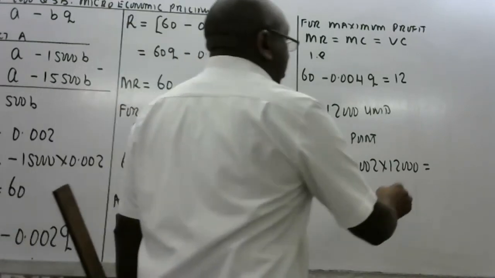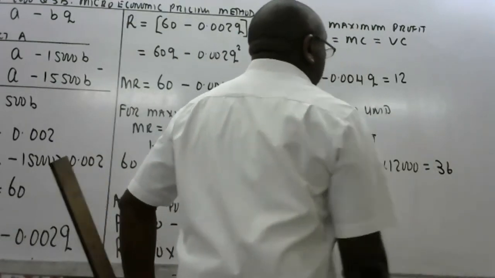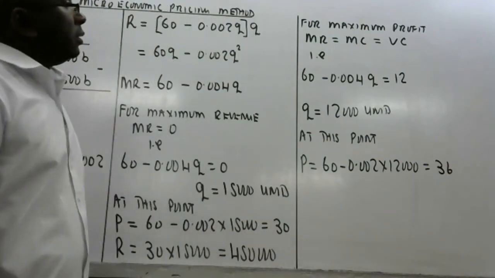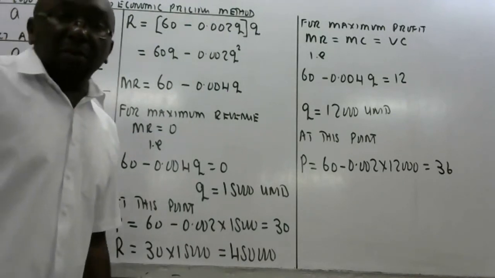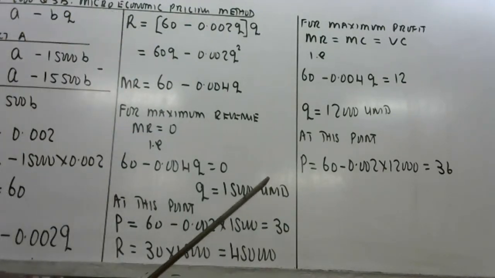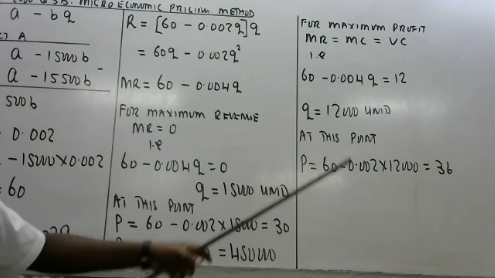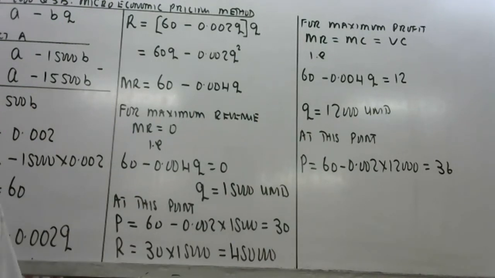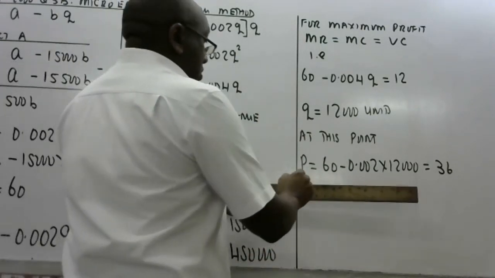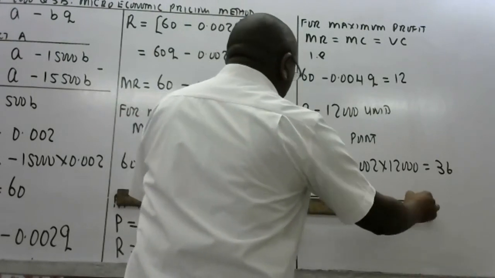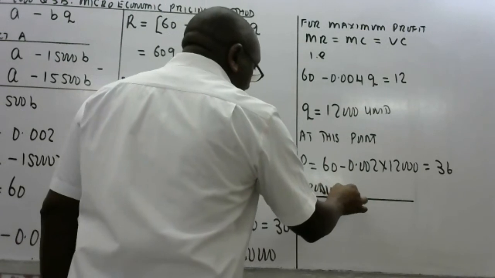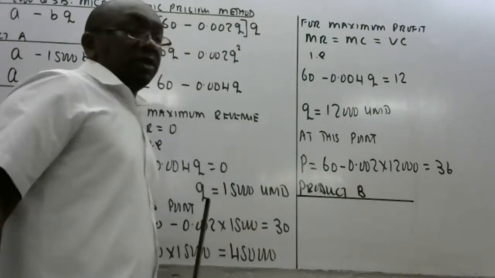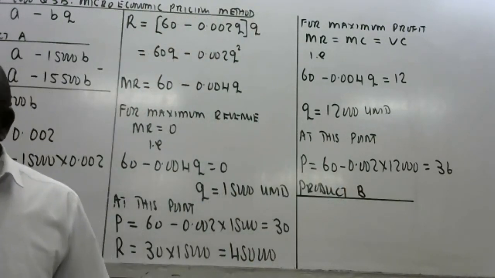So is that 36? So if you have been asked for profit and you have the equation for the profit, you now substitute and get the profit. So I would like you now on your own, you do the same for product B. On your own, you do the same for product B.